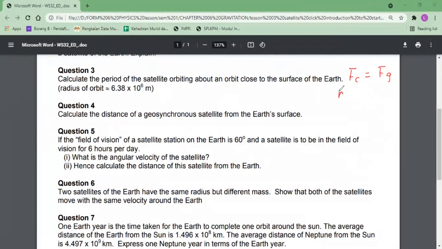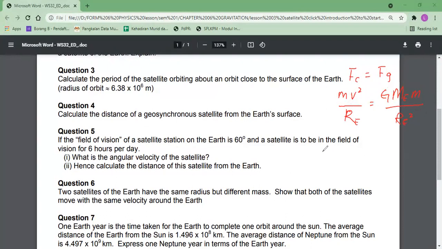So this means that mv squared over r is equal to G M e m over r squared. Let's say this is the distance on the surface of the Earth, re. This will be re squared.